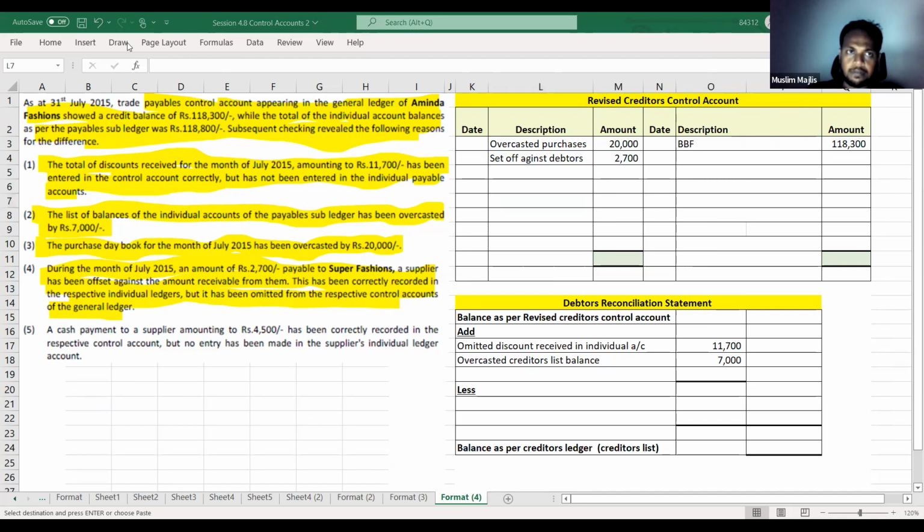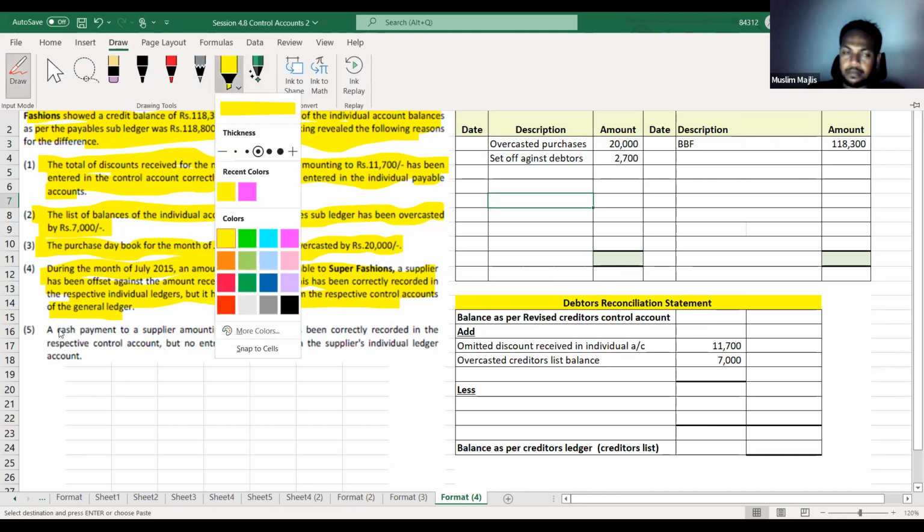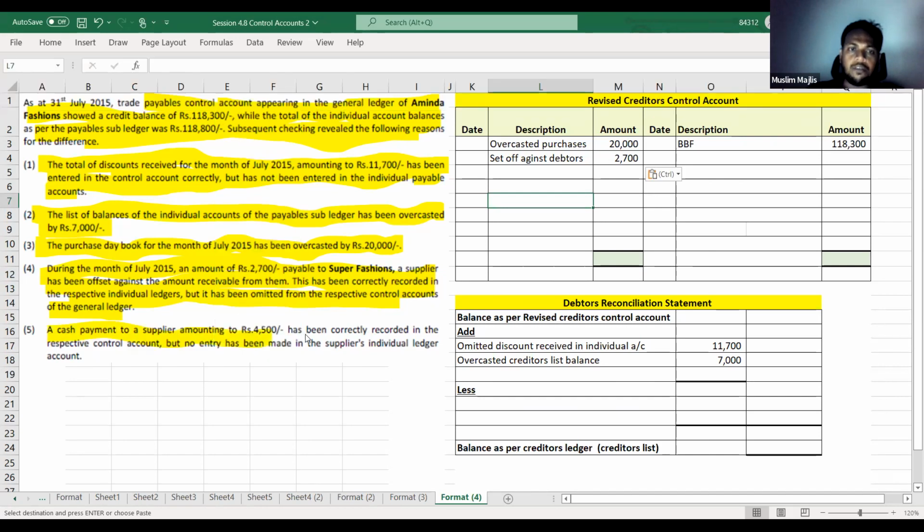Final, last one. A cash payment to a supplier amounting to 4,500 has been correctly recorded in the control account. So nothing wrong in the control account, but no entry has been made in the individual ledger account. So this is a cash payment.